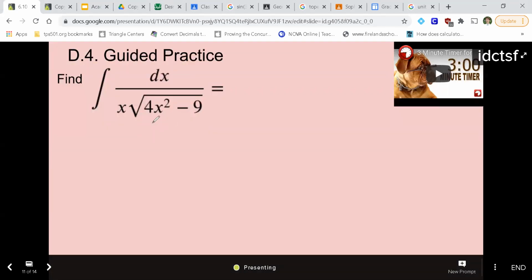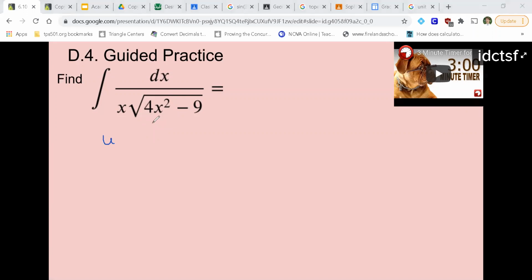So u squared has to be 4x squared, which means u is the square root of 4x squared, which means u is 2x. A squared has to be 9, which means a is 3.